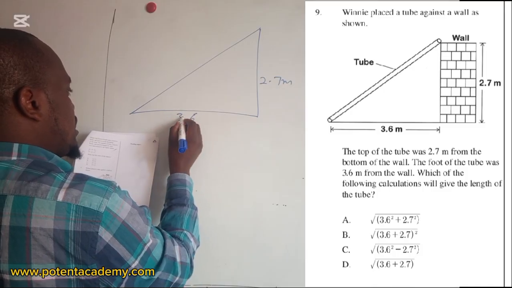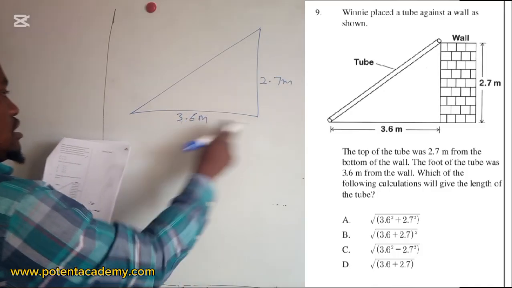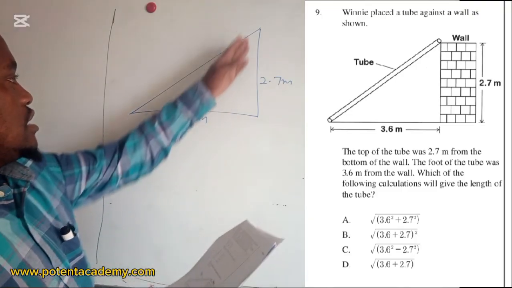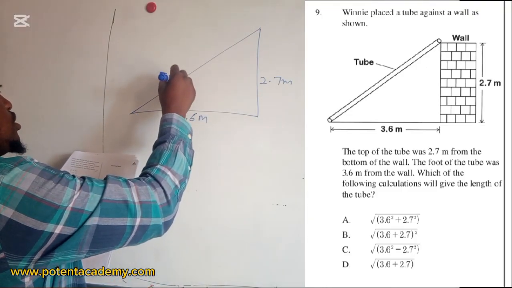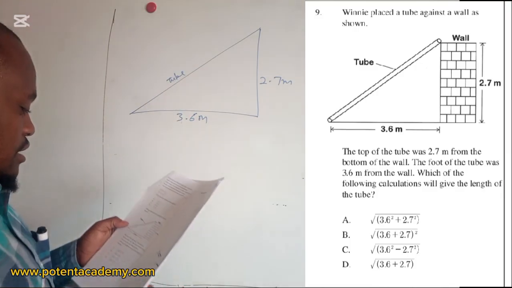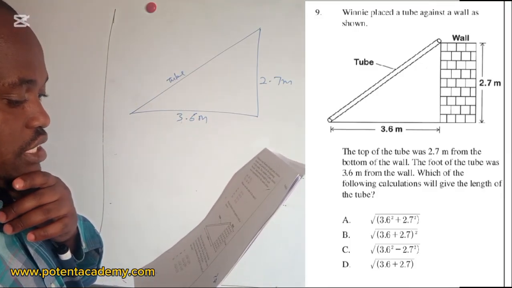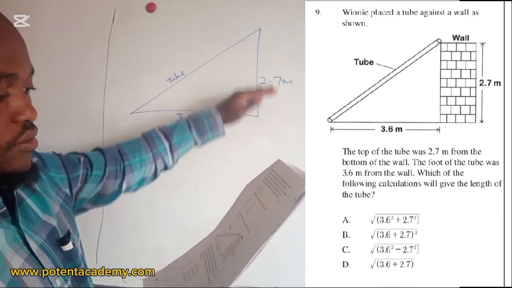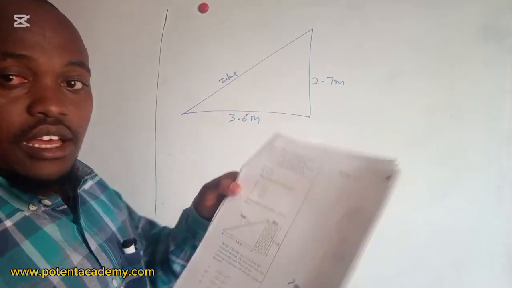Some learners will see the decimals and they'll be like, oh my god. So this is 3.6 meters and this is 2.7 meters, and this is the tube. You are asked, the top of the tube was 2.7 meters from the bottom of the wall, like I have indicated. This is a simpler version of what is here.